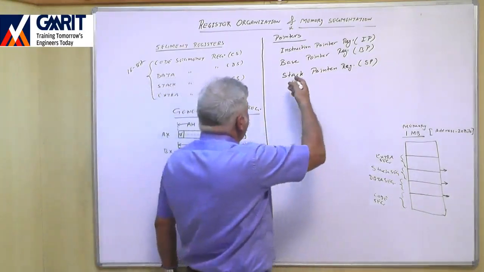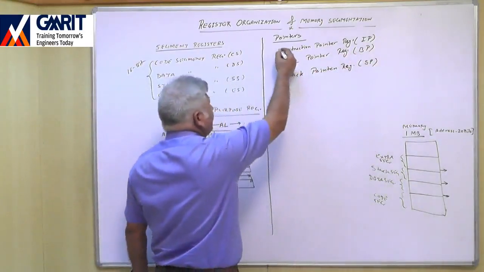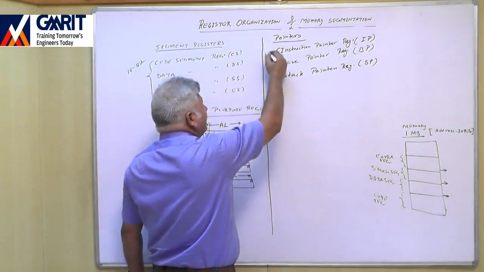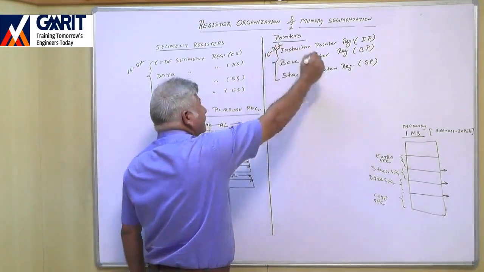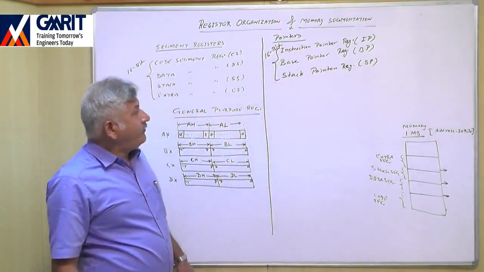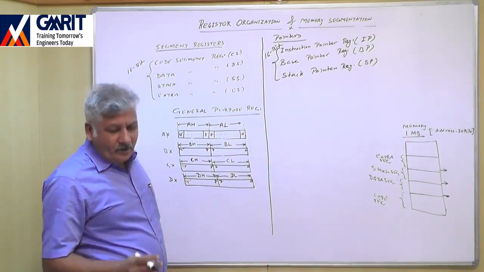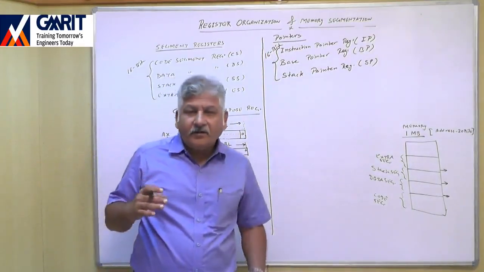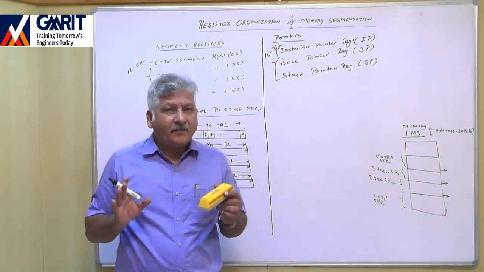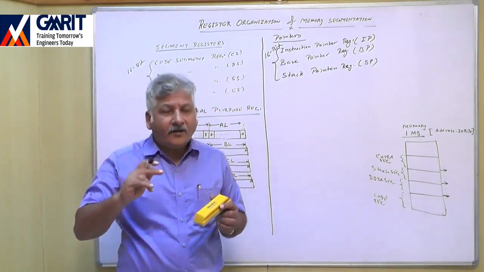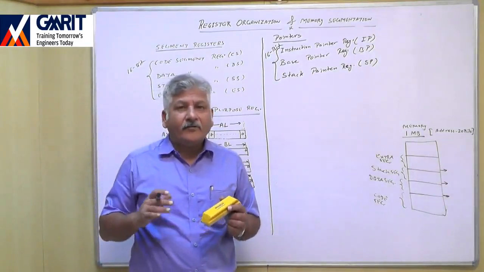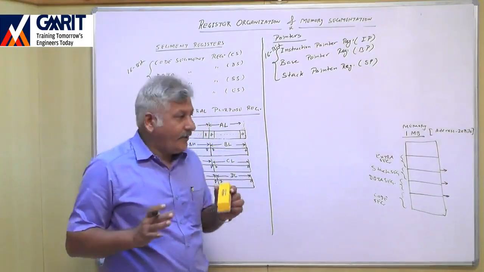So again, all these pointers are 16-bit, and these pointers are used with some segment registers for the calculation of the 20-bit physical address. Right?